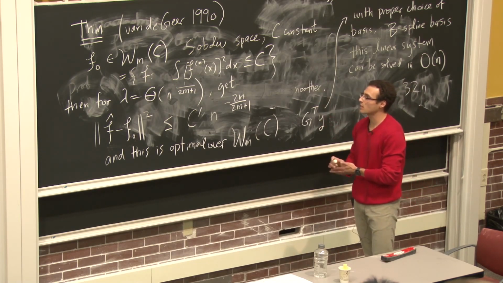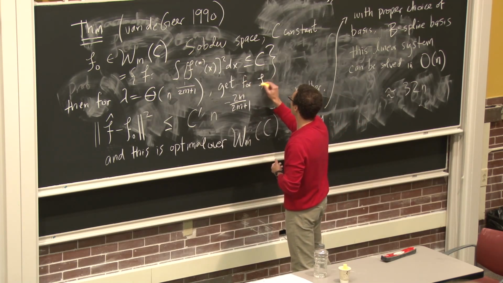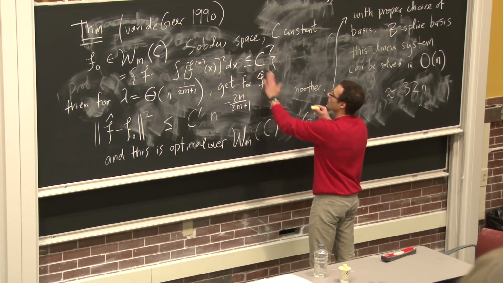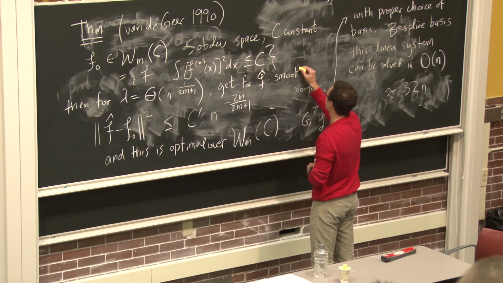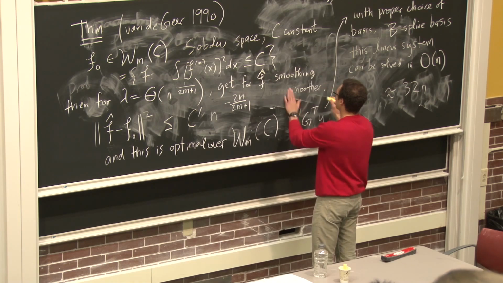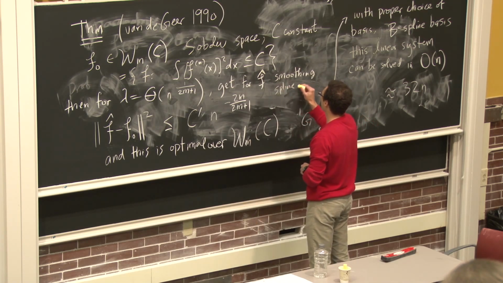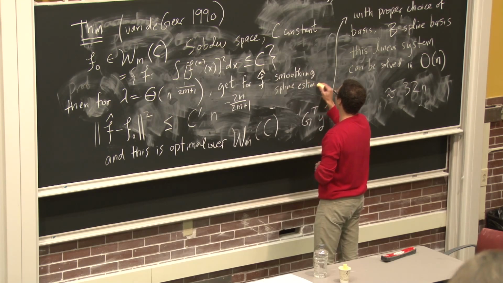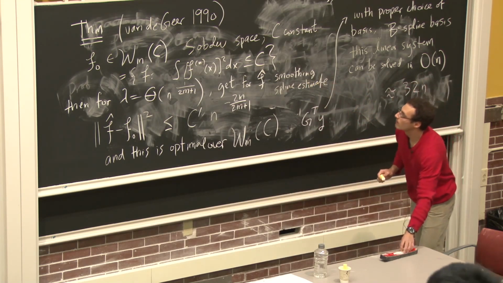F hat is the smoothing spline solution. The smoothing spline estimate has this property. Okay?